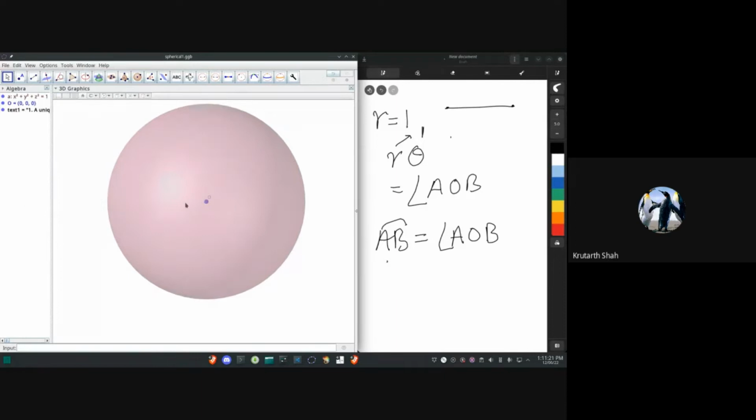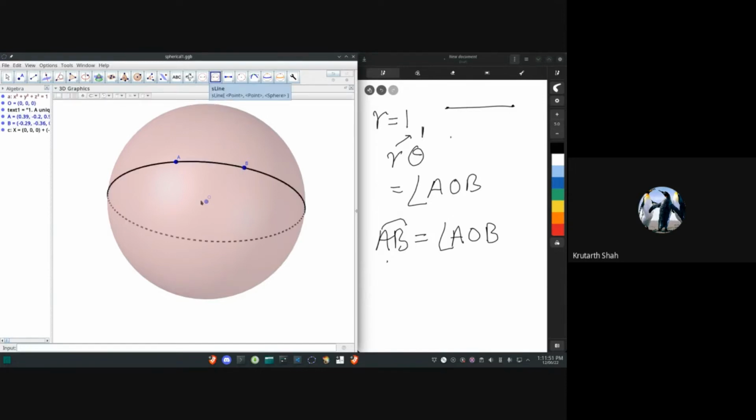As I said, there are two ways to think about lines in general. One is you can think of it as a circle, like this.